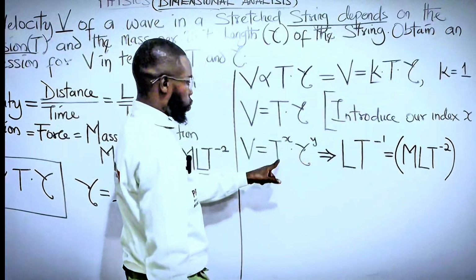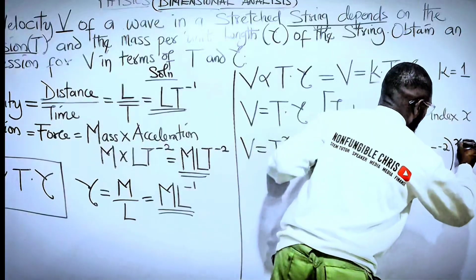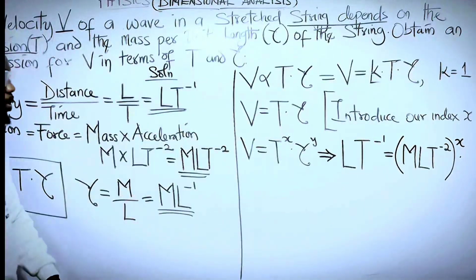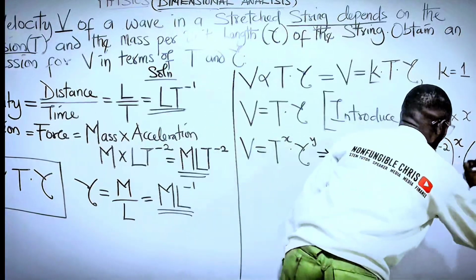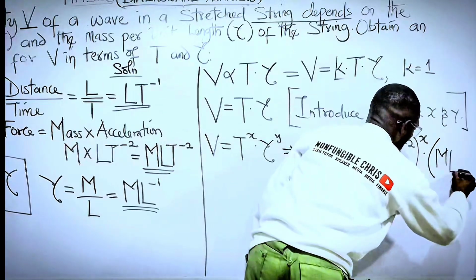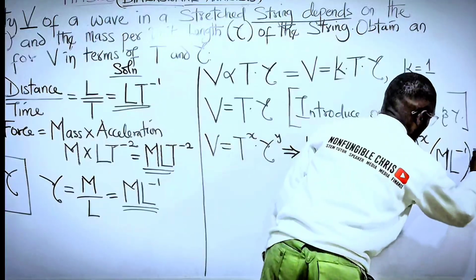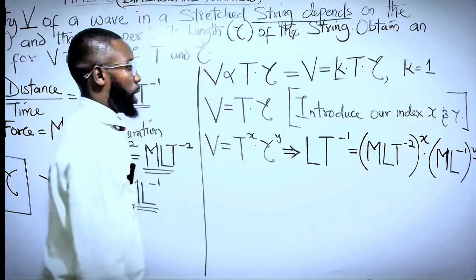But then for this one, we have raised to power x, times this one, the gamma, which is mL raised to power -1. We have mL, sorry, I hope you can see the board, raised to power -1, and we have y. That's what we have there.